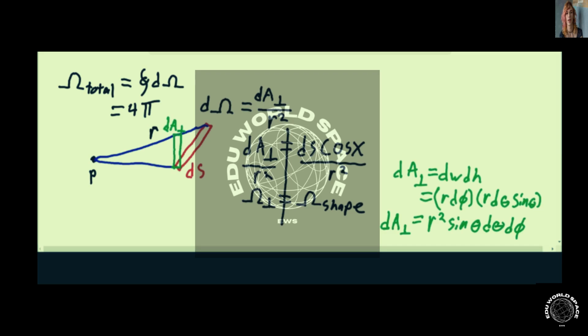Okay, so that's what we're going to put up here from the top, equals, let's write everything out we've seen so far, dA perpendicular over r squared. So now we substitute in dA and we cross out the r squares on the numerator and denominator.